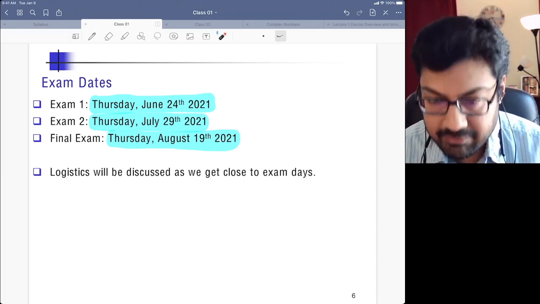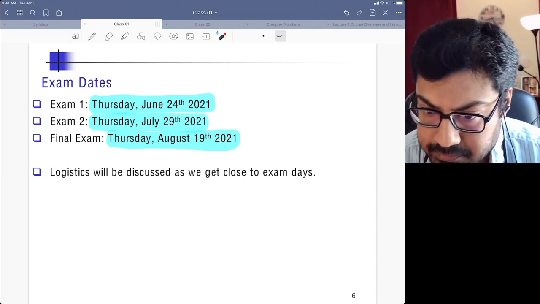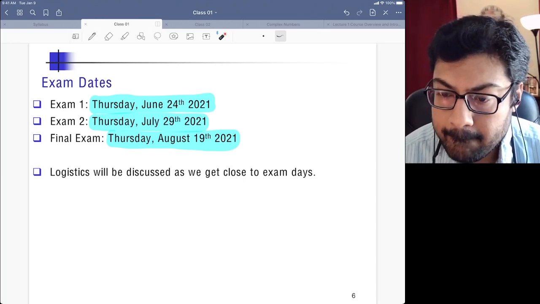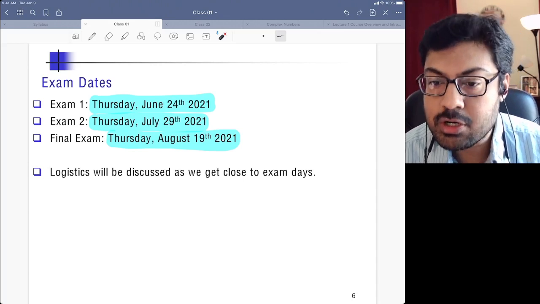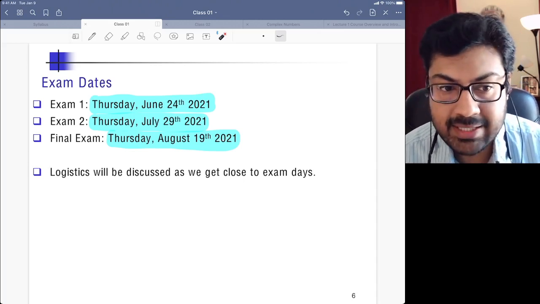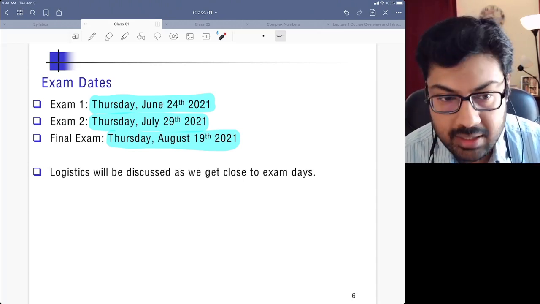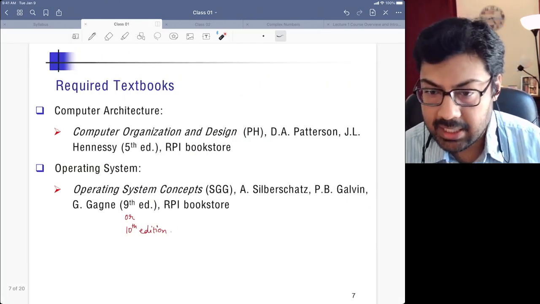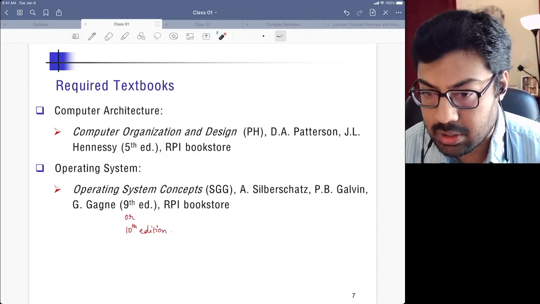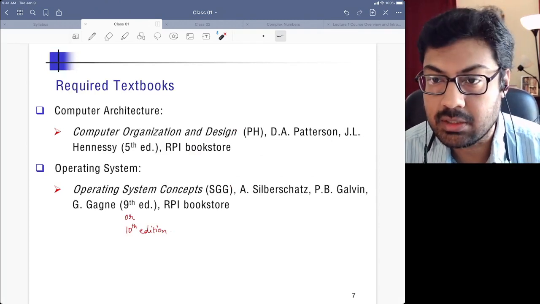Once I do that, I can figure out the logistics based off of that. But as a general rule, you should be expecting that exam to be during the class time. It may be longer than that, it may not be. That depends on how many students are in person and how many are online.